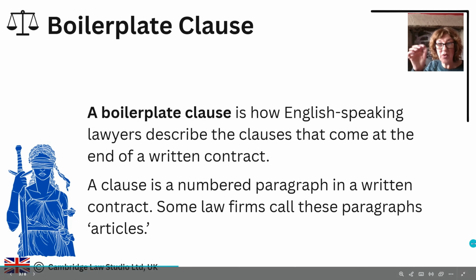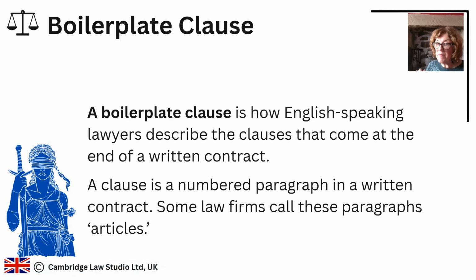We say clause 1, clause 2, clause 3, etc. Now I'm very English, so I always say clause, but internationally you might hear lawyers saying Article 1, Article 2. It means the same thing. It means paragraph. And at the very end of a written contract, you'll find what we call the boilerplate clauses.